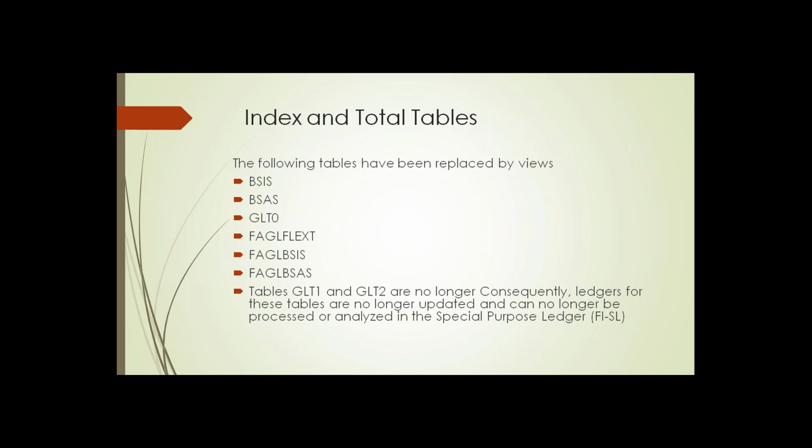So it is always a better idea that for each and every transaction, my FAGL Flex T table should be updated, and it should have the correct totals records, which is automatically saved in the table. But now going forward, because of the simplified data model, you can perform all your calculations directly on the table. So if you want to calculate the totals of some characteristics, there is no need to store this data in some table.